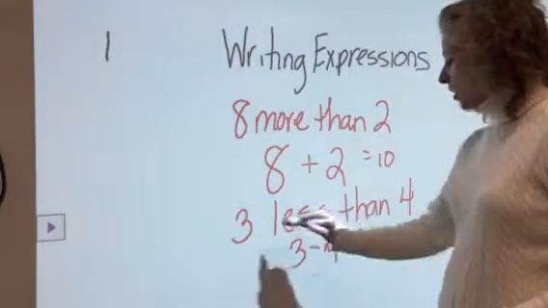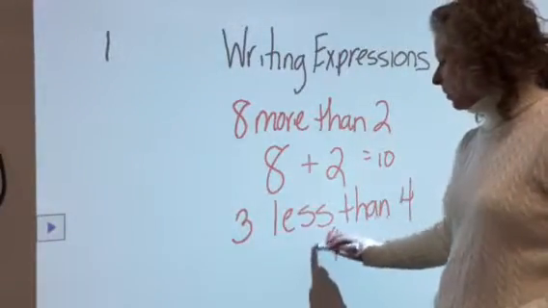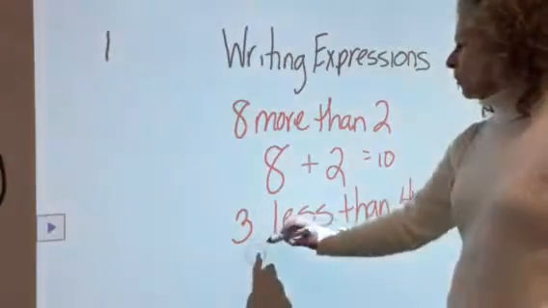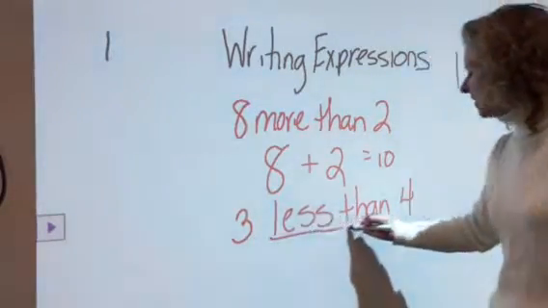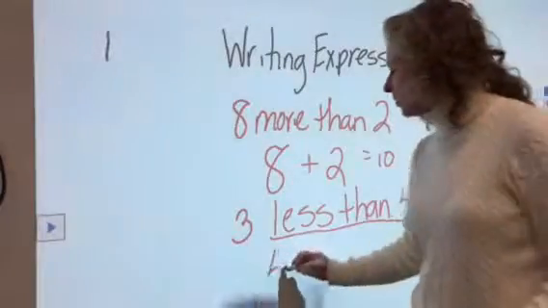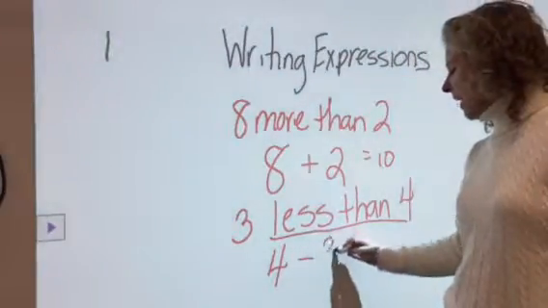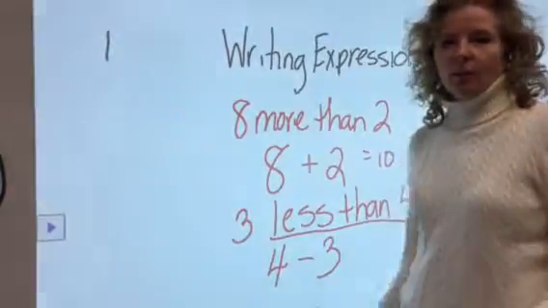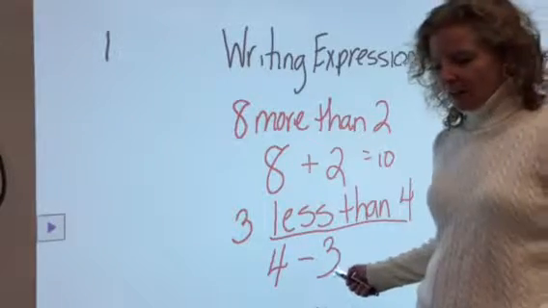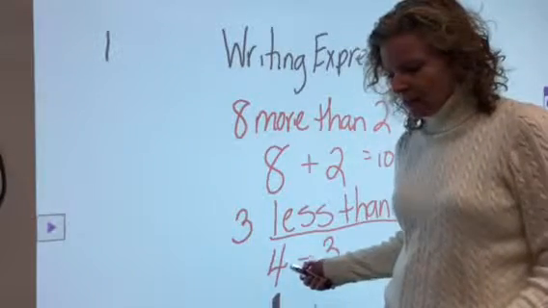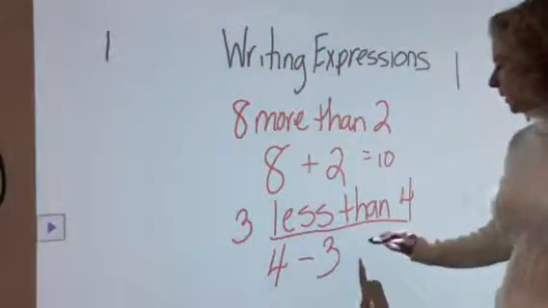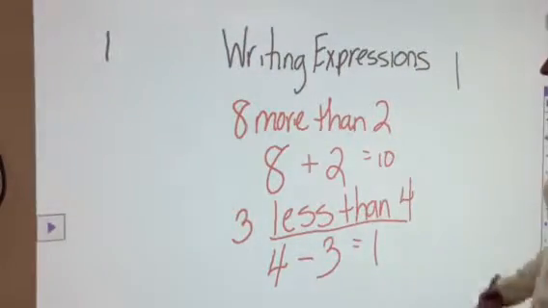Okay? Don't just take the first number and put it first. We're going to go 3 that's less than 4. So we're starting with 4, and we want to have how many less? 3. So 3 less than 4 would be 1.